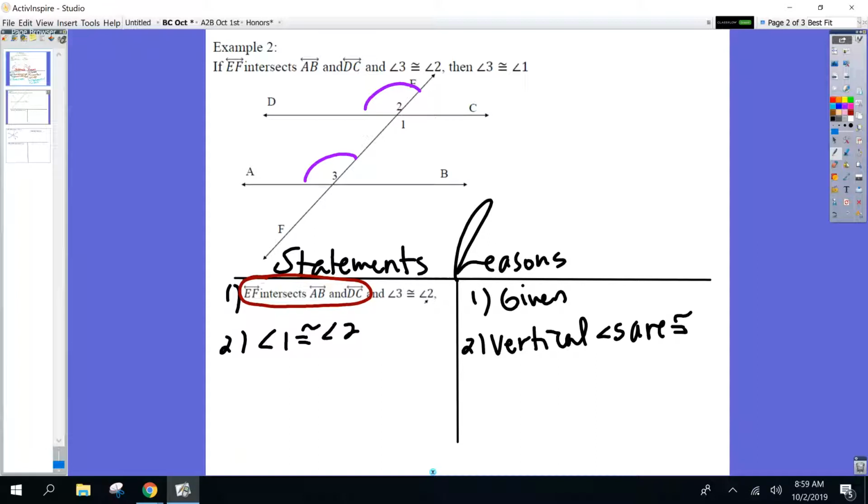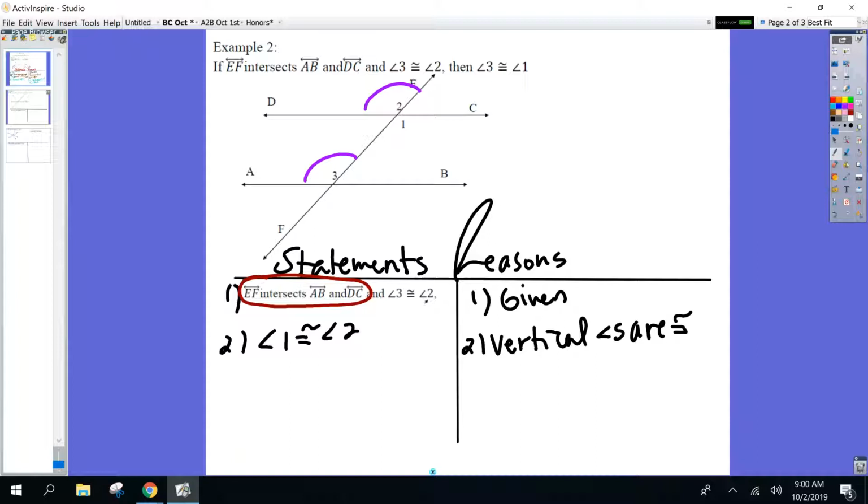Where do I go from here then? Because I still need to get 1 and 3 congruent. Look at the work you just did. I didn't put 1 congruent to 2 just to maybe get some partial credit. I put 1 congruent to 2 to use the darn thing. All right, look at your givens.